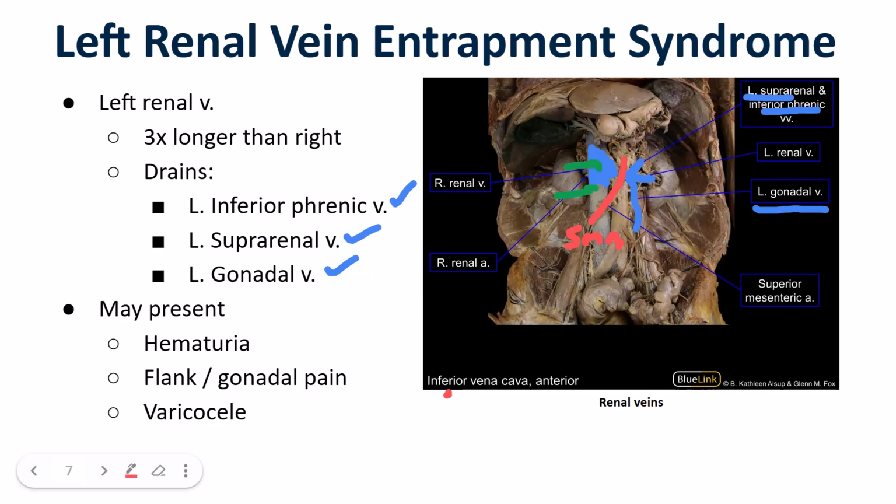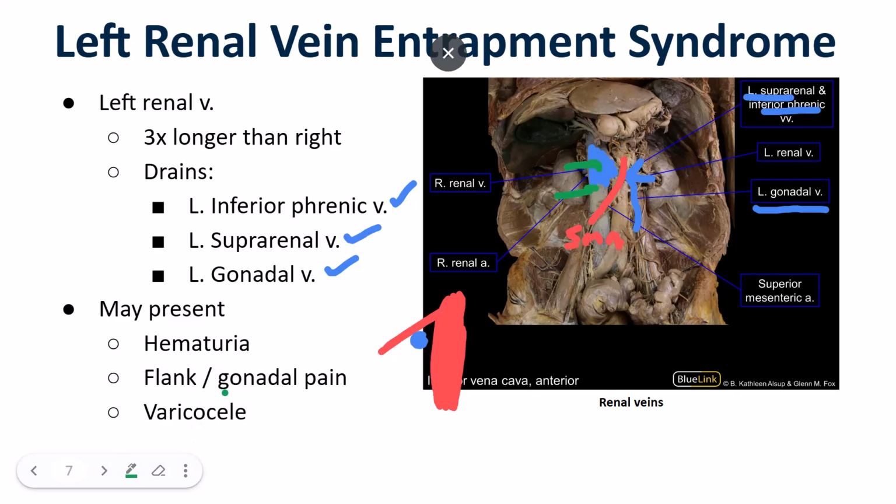So if I draw a really large abdominal aorta, I know my drawing skills leave something to be desired. And then imagine, so this would be a lateral view, and then imagine that's the SMA coming out of there. Now, kind of in the crux of this, we have our left renal vein.